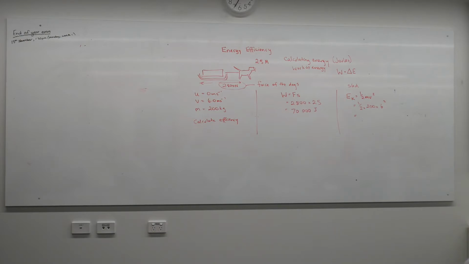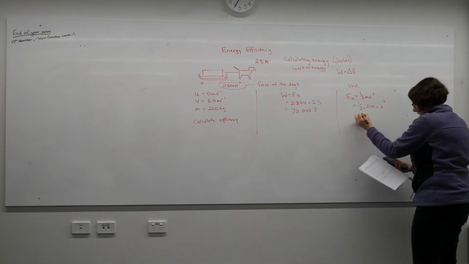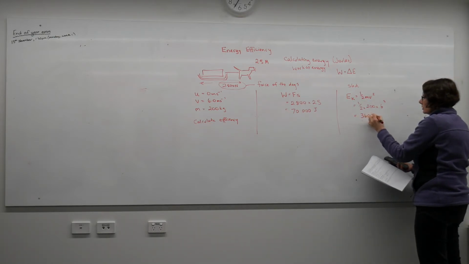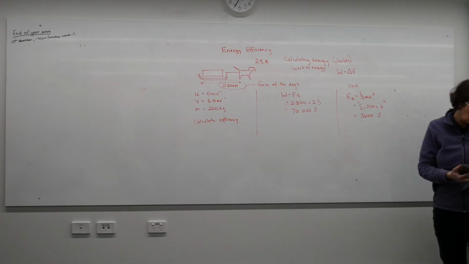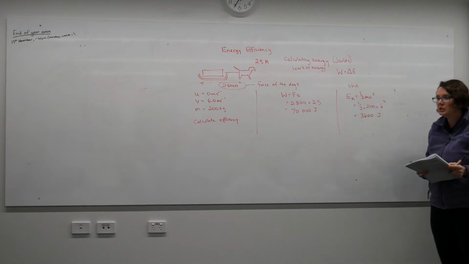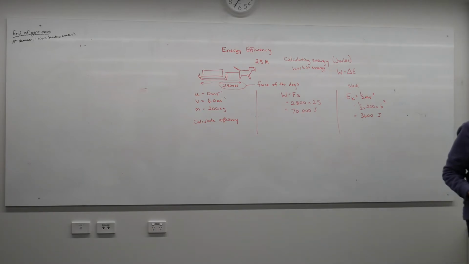Okay, so the answer is correct in the booklet where it says 3,600 joules. But what's 6 squared? 36, and it has written in your booklet 62. I have no idea why. I think the 2 didn't go up the top of the 6. They're probably like, ah, you're right. It should have been. Good thinking.